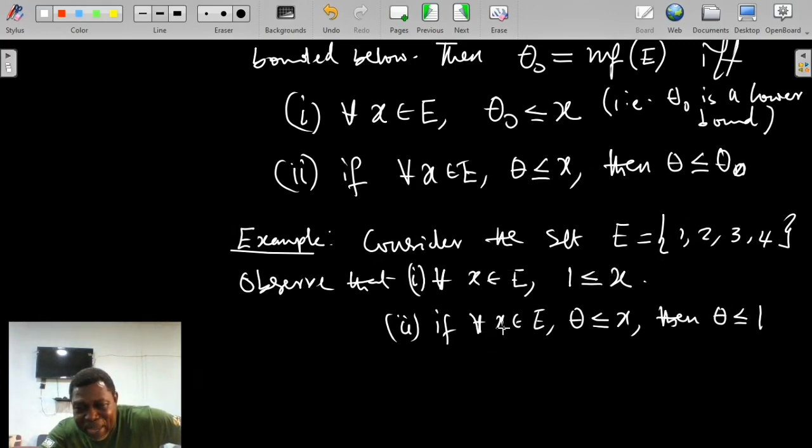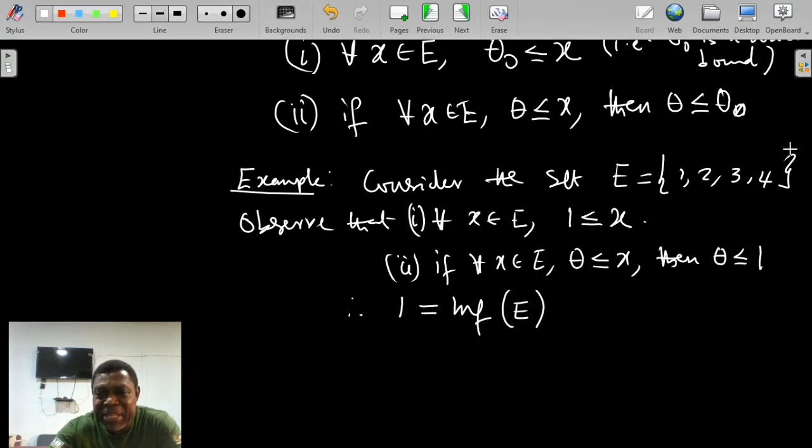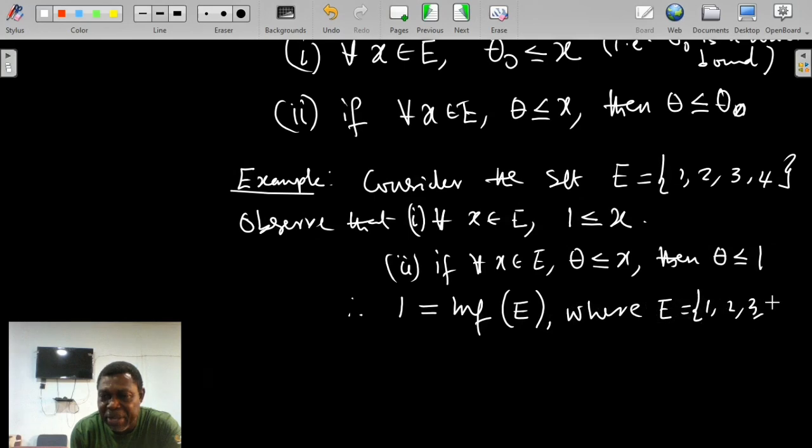Now, if for any x in E we have that theta is less or equal to x, then in particular theta will be less or equal to 1 because 1 is one of these x in E. So this means, therefore, by the characterization we gave above, that 1 is equal to the infimum of the set E, where E is equal to the set 1, 2, 3, 4.